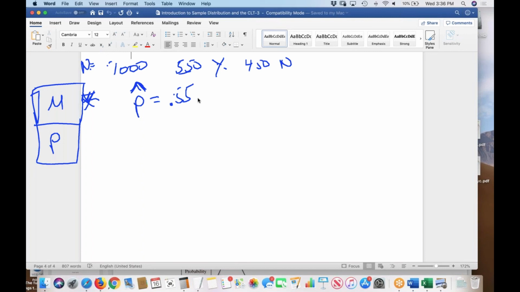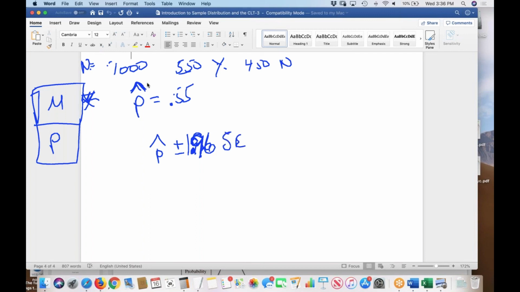Let's look at the idea of using a confidence interval for this. In order to do a confidence interval, I would have to say P cap plus or minus, I'm going to say 95% for our purposes, plus or minus 1.96 for a 95% confidence interval, times the variability of this result. In other words, a standard error.